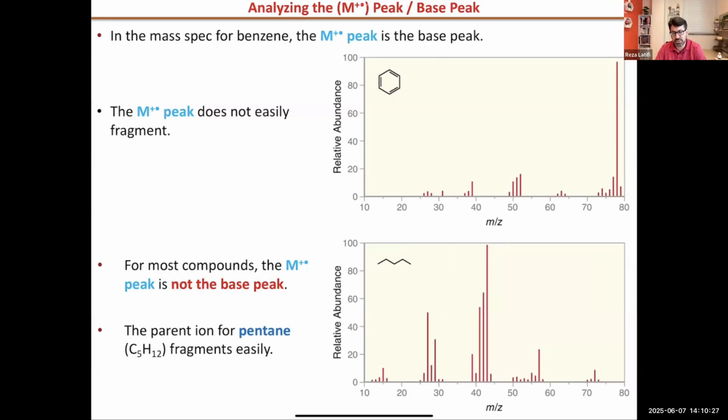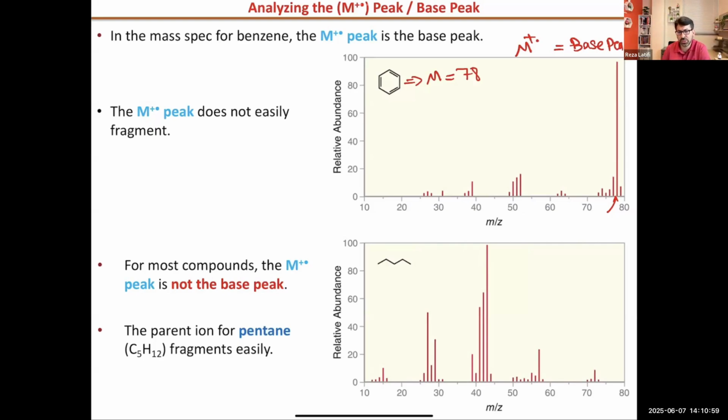For benzene, the molar mass is 78. If you look for 78, it happens to be the base peak, or the tallest peak. So the base peak is equal to the molecular ion peak, and both of them have a molar mass, or M over Z, equal to 78.